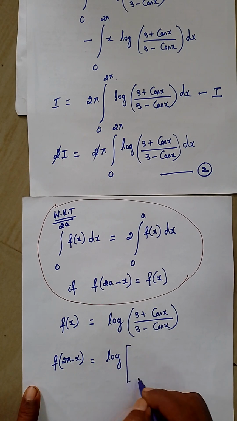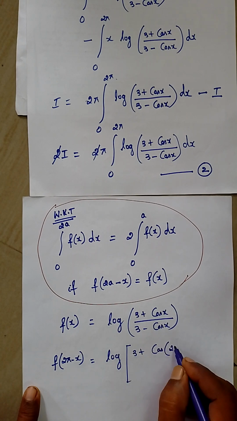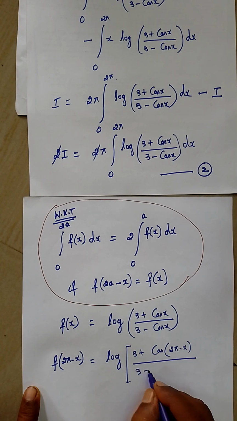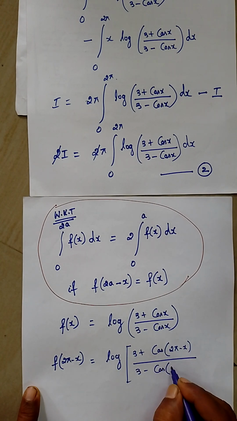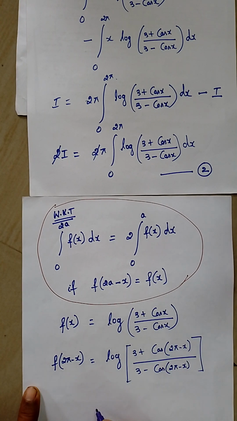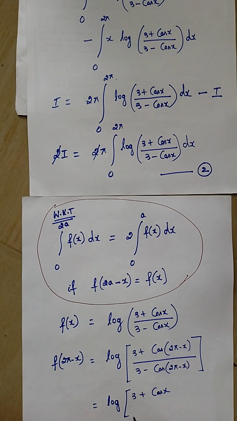So log((3 + cos(2π − x))/(3 − cos(2π − x))). This is nothing but log((3 + cos x)/(3 − cos x)), because cos(2π − x) is cos x.